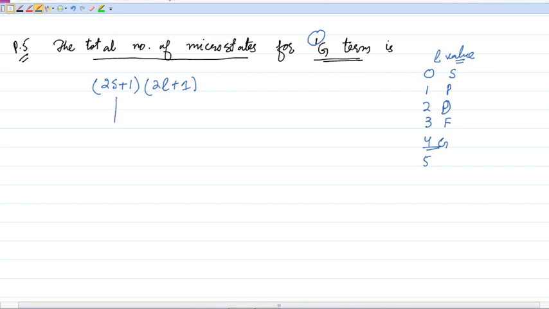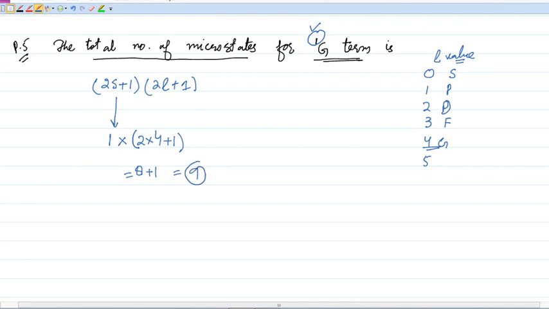So it will be simply equal to, in place of this we will introduce 1 because it is given here, multiplied by 2 times L value, which is 4, plus 1. So it comes out to be 8 plus 1, which will be equal to 9. So the answer for this question was simply 9.